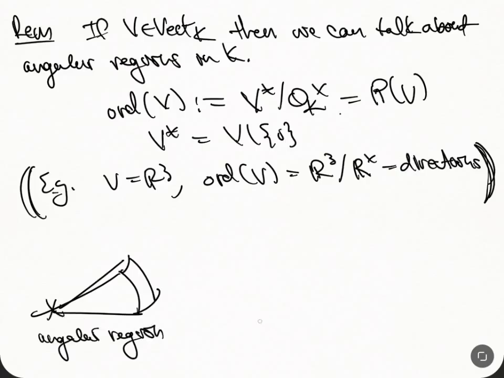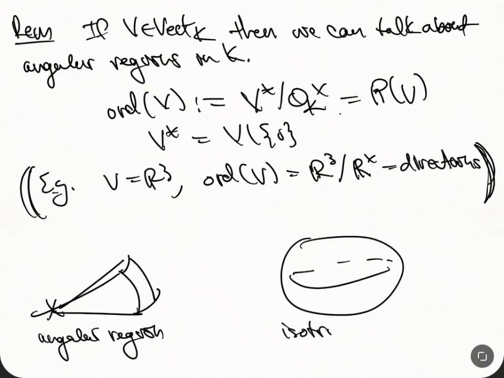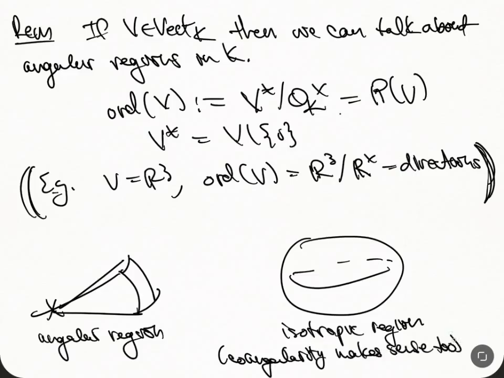And isotropy makes sense. So coangularity and isotropy. So this is an isotropic region. And also coangularity makes sense too.